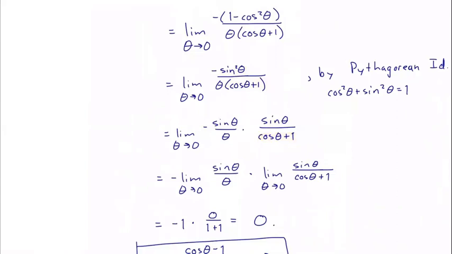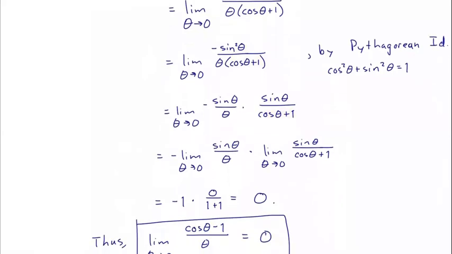Well, cosine of 0 is 1. 1 plus 1 is 2. So we have a 2 here. Interestingly, though, this sine theta going to 0 as theta goes to 0 really takes care of this whole term. 0 over 2 is just 0. So whatever this was down here, as long as it wasn't 0, we're okay.